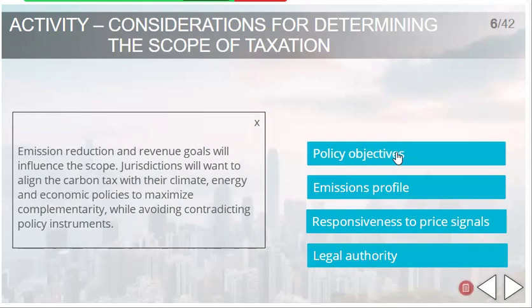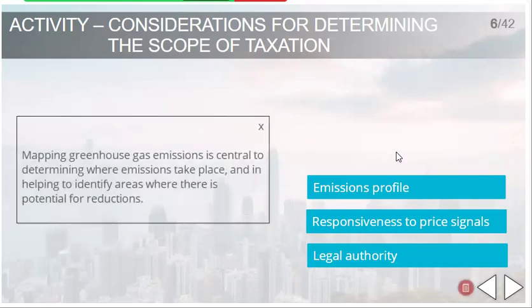Emissions reduction and revenue goals will influence the scope. Jurisdictions will want to align the carbon tax with their climate, energy, and economic policies to maximize complementarity while avoiding contradicting policy instruments.